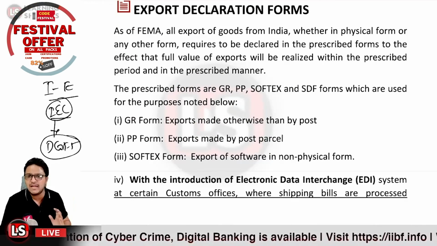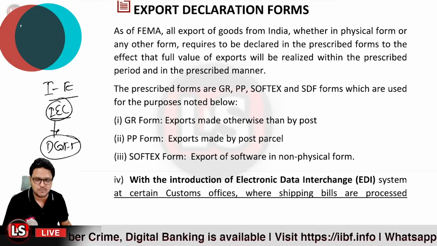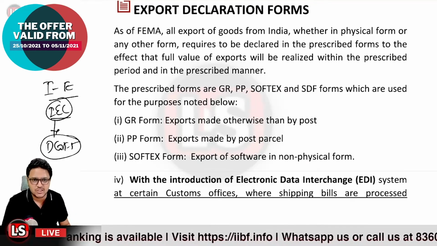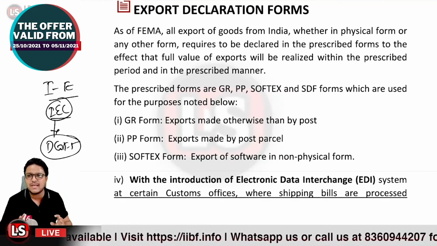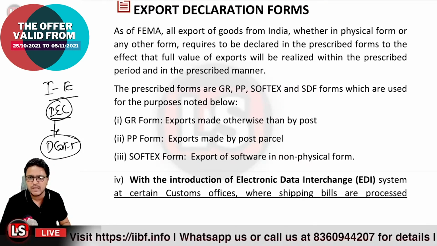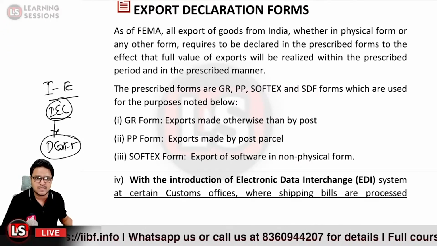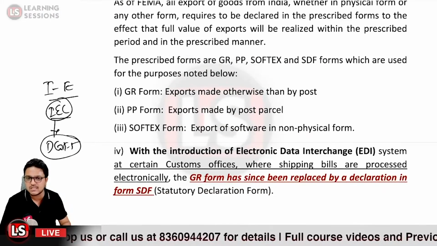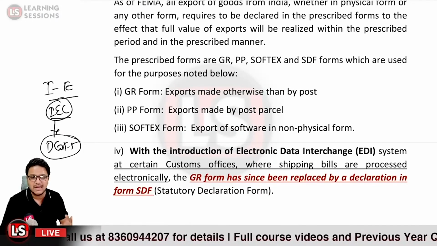Now with the introduction of the EDI, that is the electronic data interchange system, at certain custom offices, shipping bills are now processed electronically. There are some custom centers where the shipping bills are processed electronically.